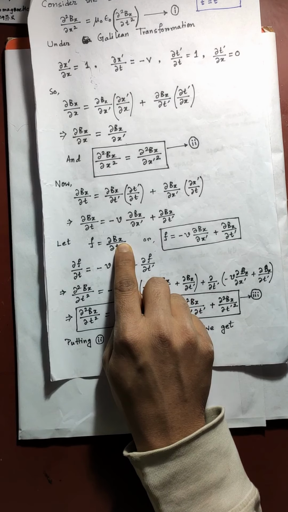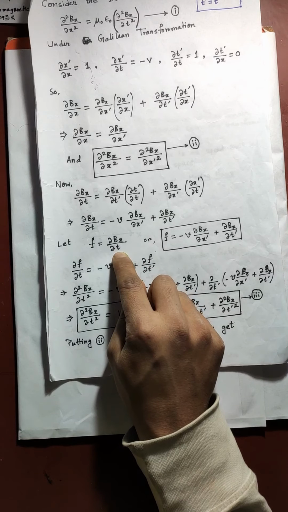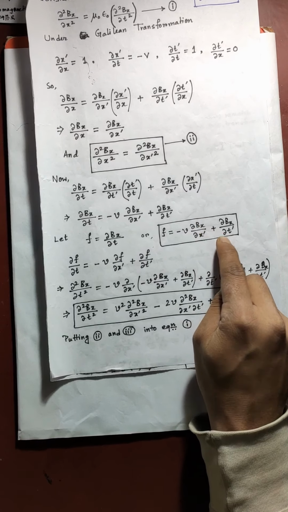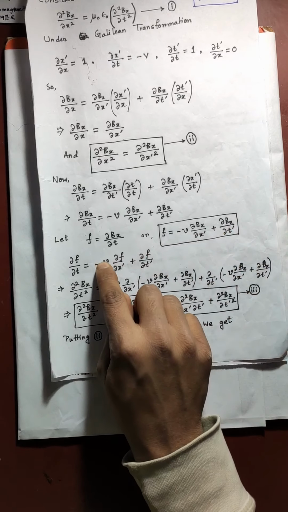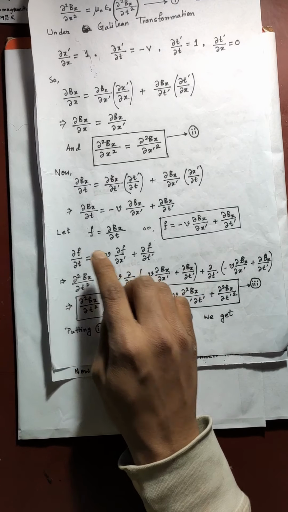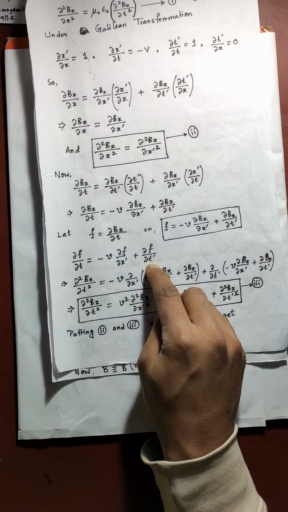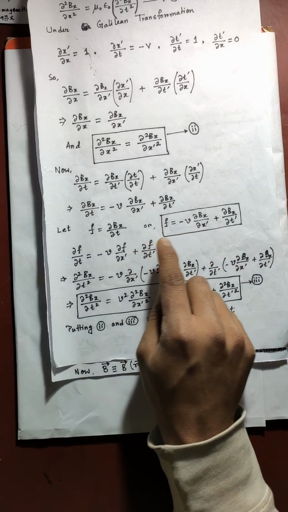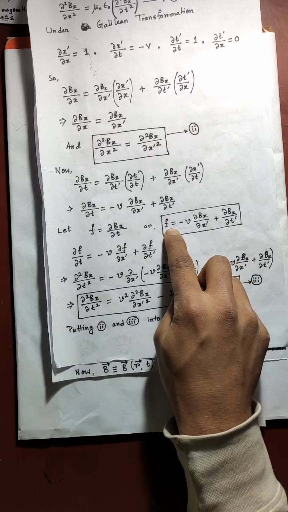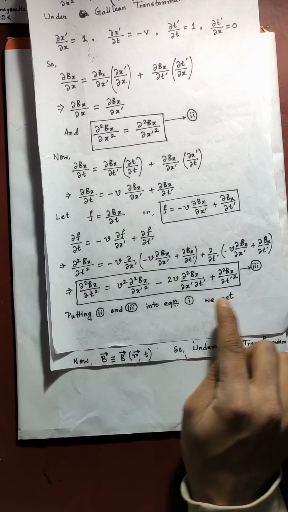I am doing this just for simplicity, it is not necessary. So f is minus v del x prime Bx plus del t prime of Bx. If we take another derivative, it will be del t of f equals minus v del x prime of f plus del t prime of f. I am substituting f here and here. So finally we will get this.